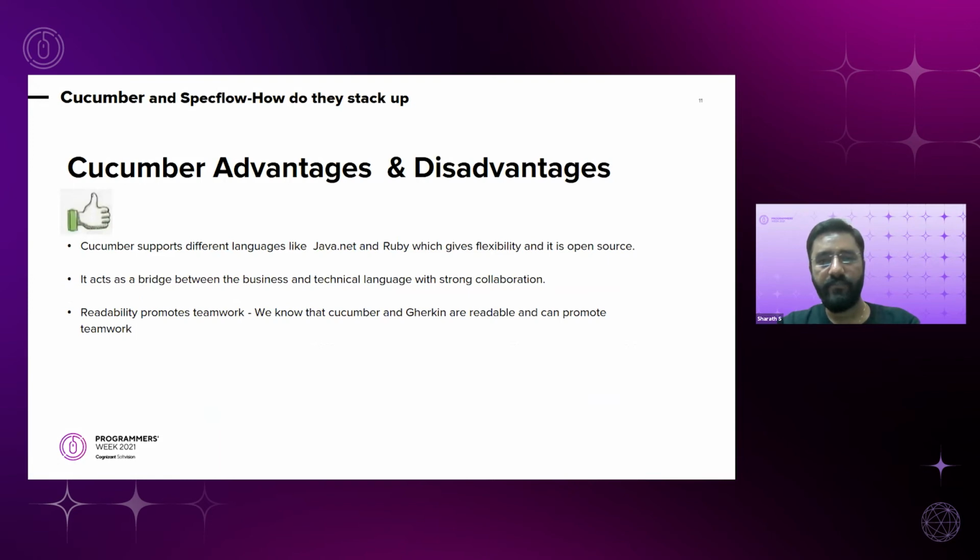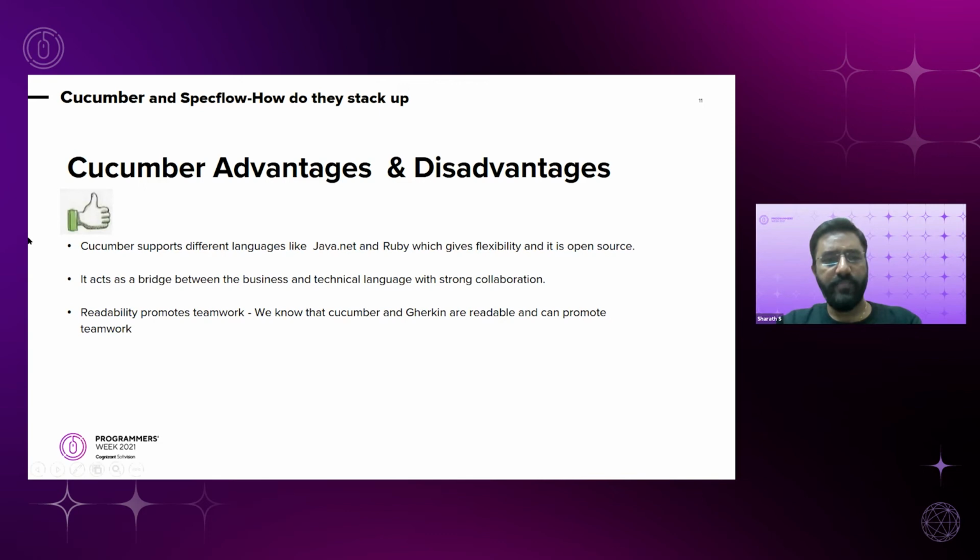It supports different languages, basically Java, .NET, Ruby, which is quite flexible, and it's also open source. That's one thing most people look out for, whether there is any additional license attached to it. That's like an additional overhead.